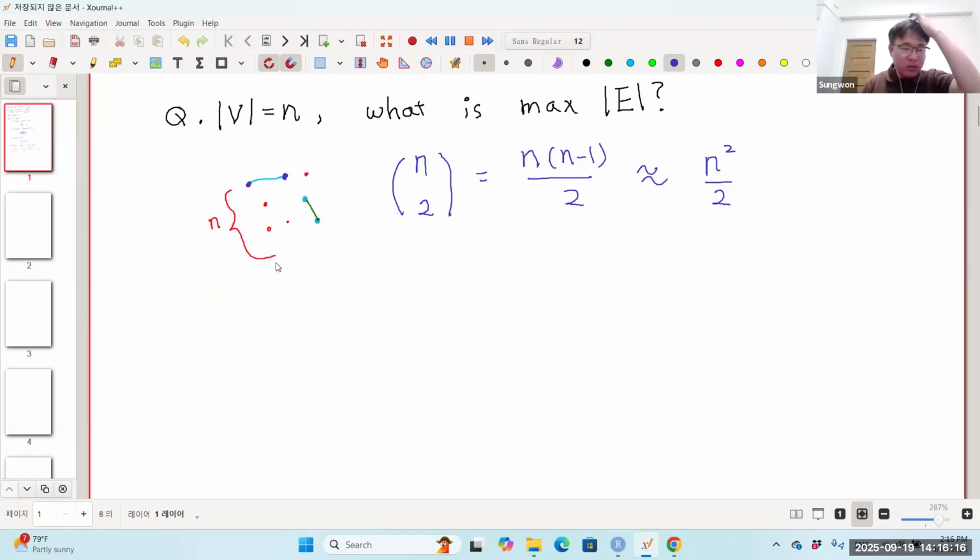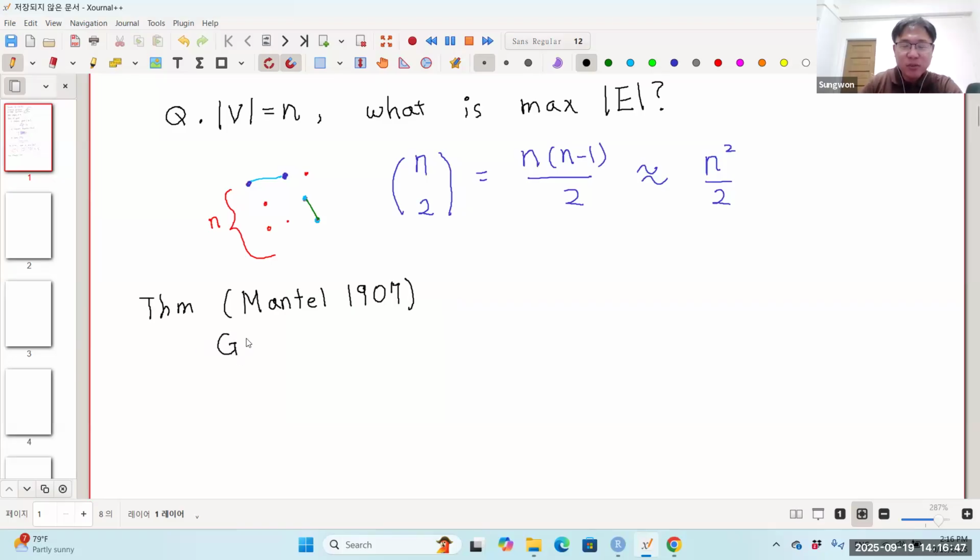Mantel, in 1907, gave an interesting result. So here is a theorem. It was Mantel from 1907.